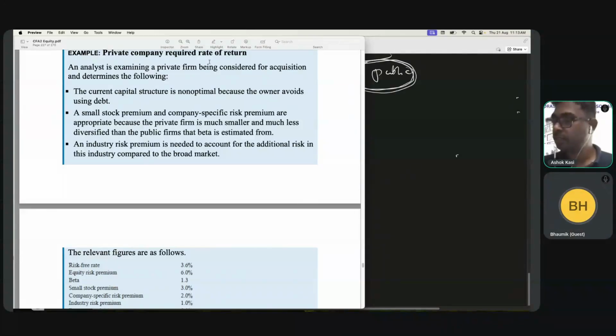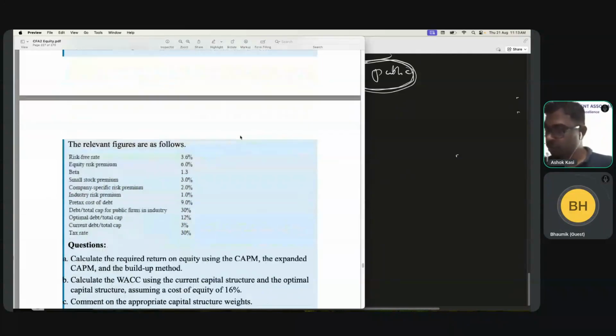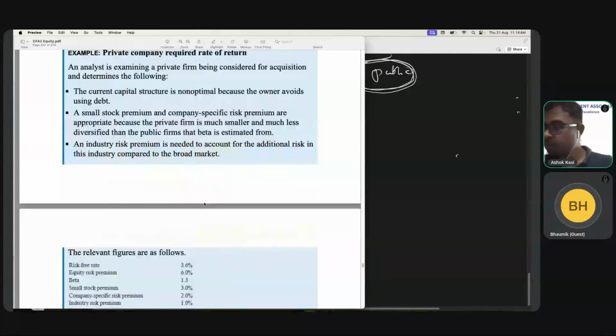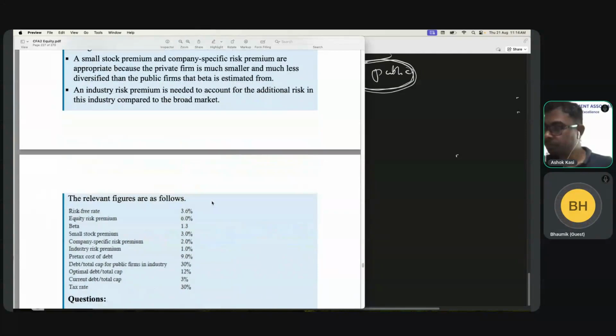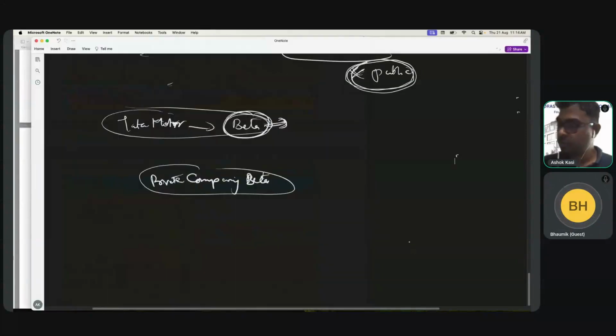Private company required rate of return. Calculate the required rate of return using CAPM, the expanded CAPM and the build-up method. First one is CAPM.